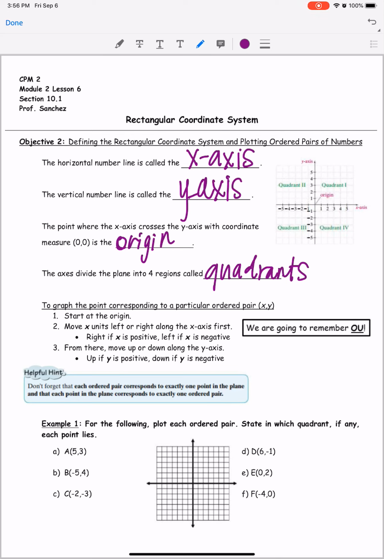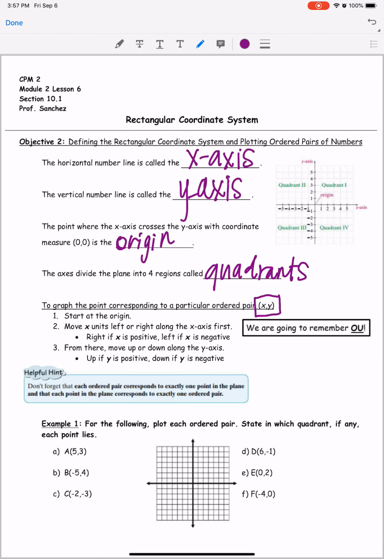All right, so we need to graph a pair that's corresponding to your ordered pair. Your ordered pair is always in the form of x, comma, y. So x is first, then y. So first, number 1, we start at the origin. So you're always going to start right here in the middle.